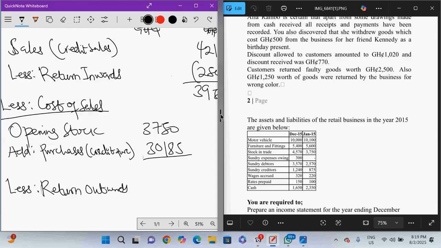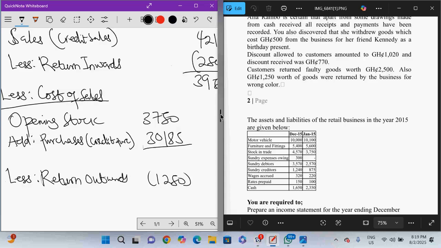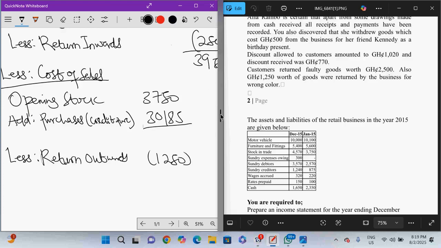And of course, I saw we also returned to our suppliers 1,250, right? So return 1,250. What is the total for this? So getting 33,935. Right.